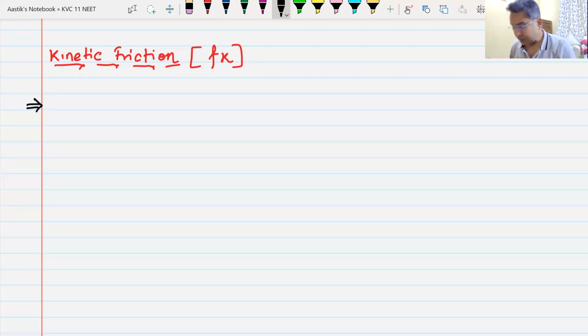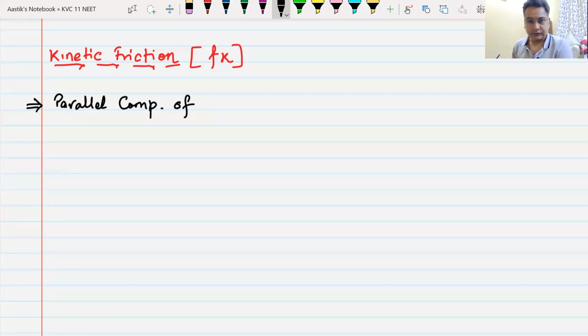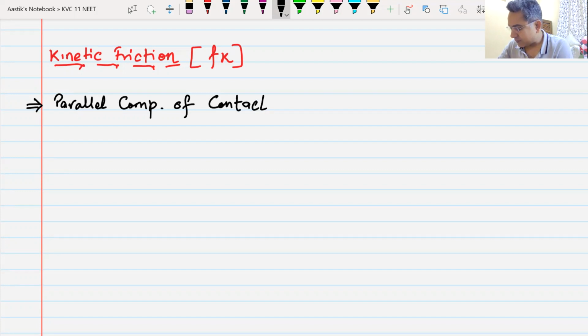Now, first of all, you have to understand when this kinetic friction comes. Again, you must understand that this is the parallel component of what? This is the parallel component of the contact force. When does this kinetic friction come into the picture?